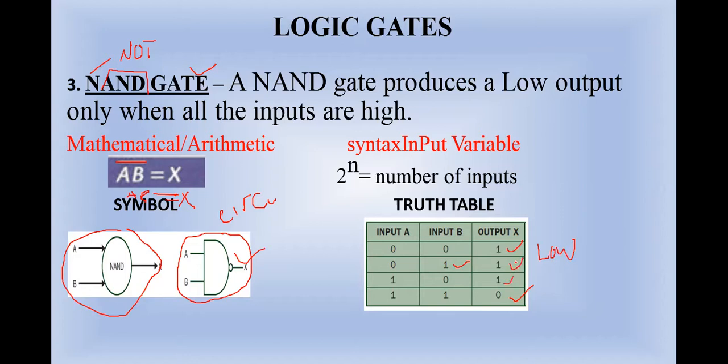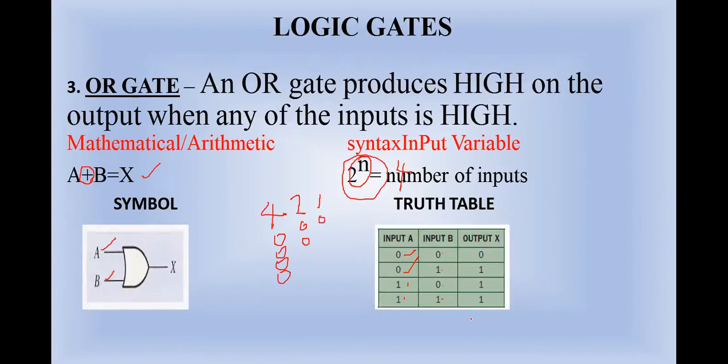It will only give you a low when both of the inputs are high. Remember, the OR gate gives you a high only if there is a high in the input. Whether there is 0, as long as there is a 1, it gives you a high. And the OR gate can only produce the low when both of the inputs are low.